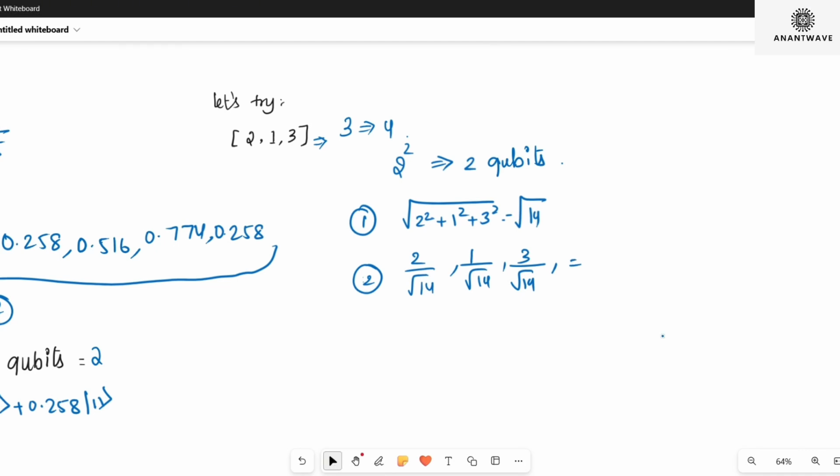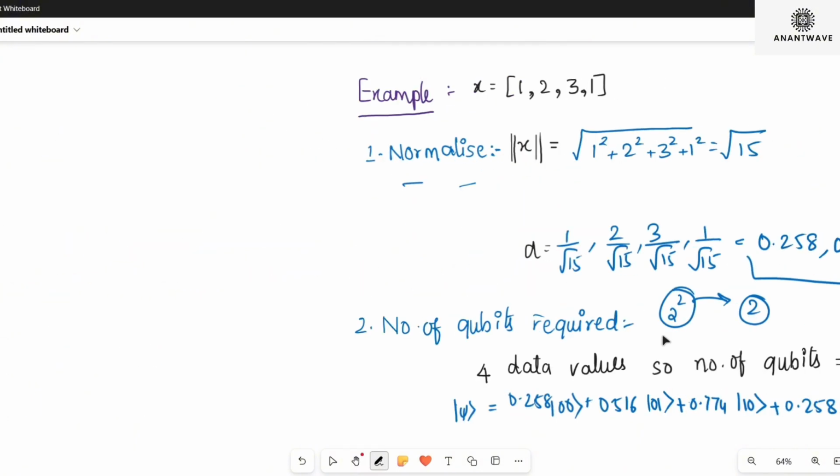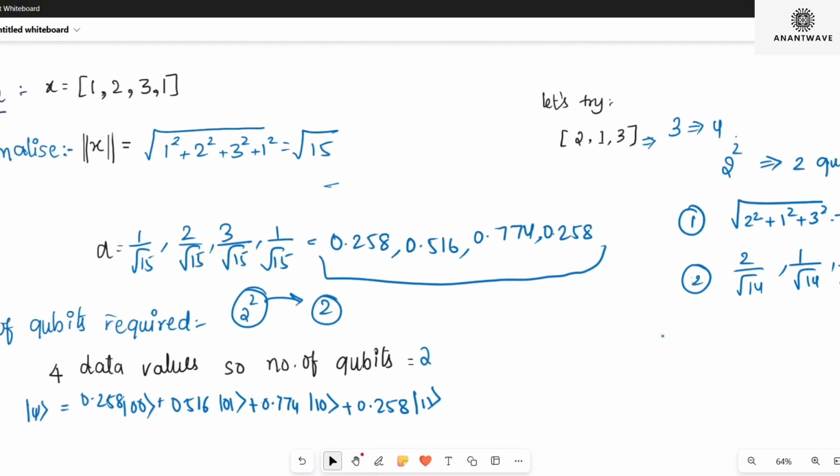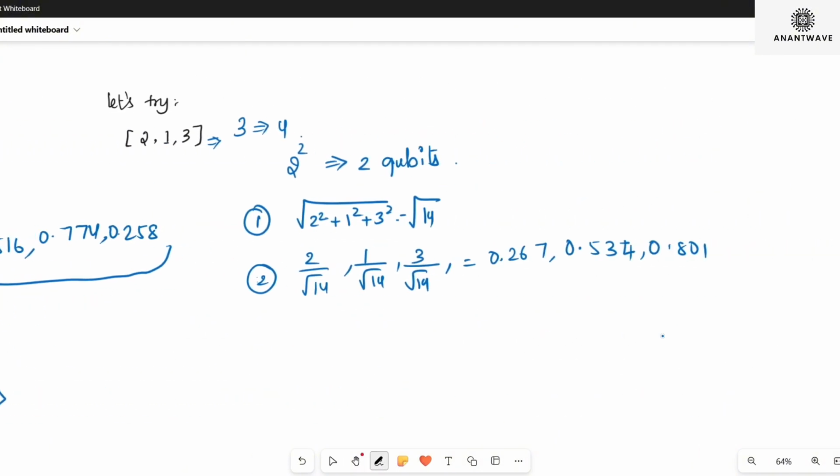That's it. What will be the values of them? After calculating the values, 0.267, 0.5374, 0.801. Because we are taking two qubits, we'll have four basis states: ket 00, ket 01, ket 10, and ket 11.